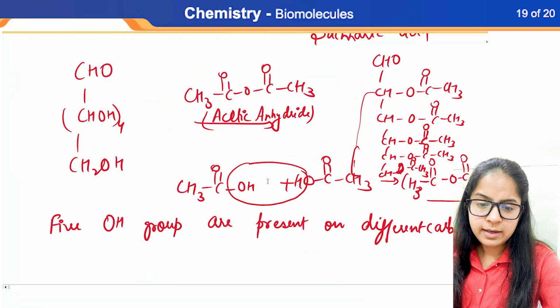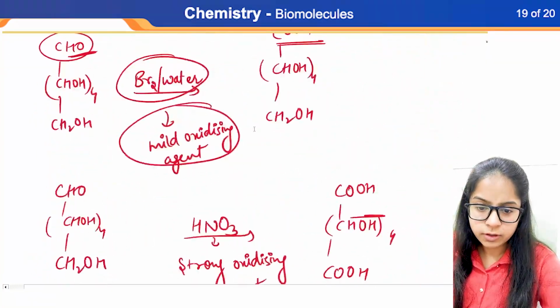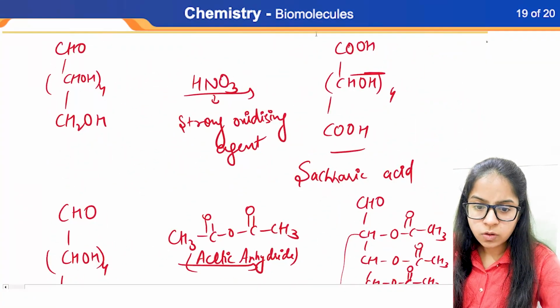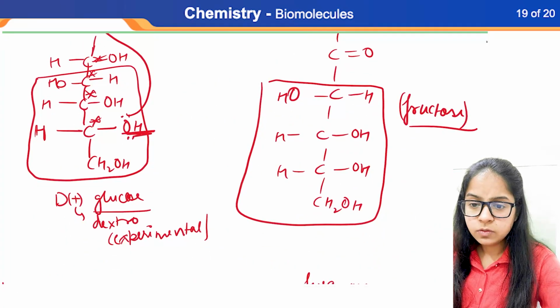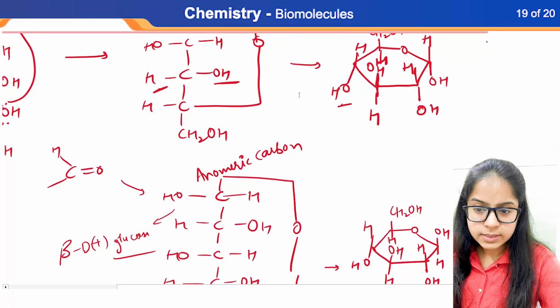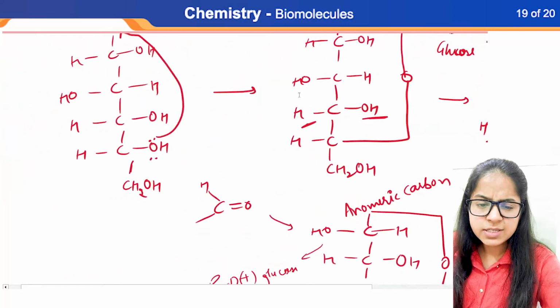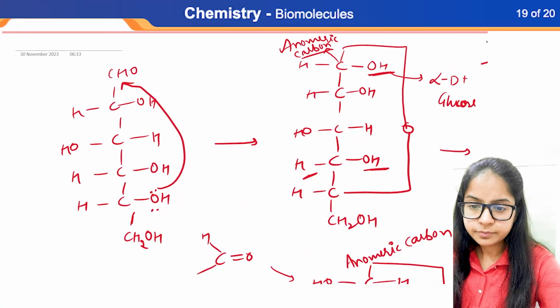This is mainly why I'm discussing it. Br2 water and HNO3 is a strong oxidizing agent. The difference, D plus glucose and D minus fructose. So these are the structures that you need to remember. Just remember the trick because this is the planar structure you are getting.